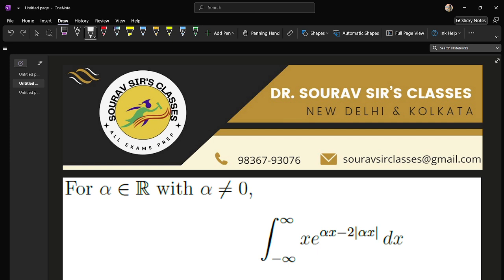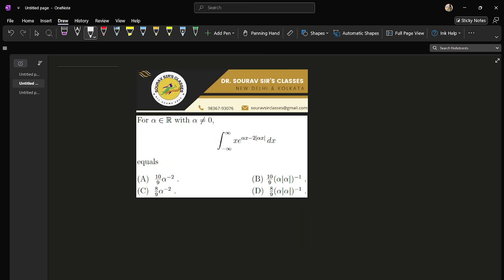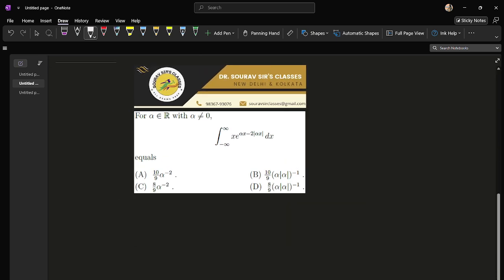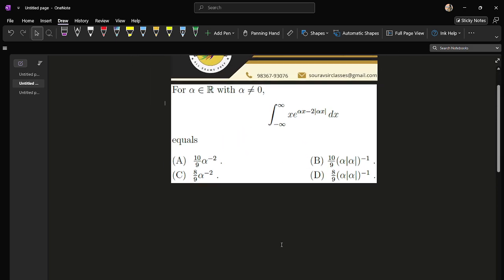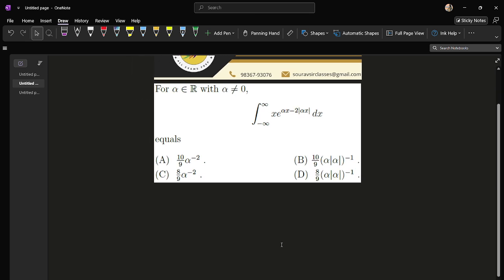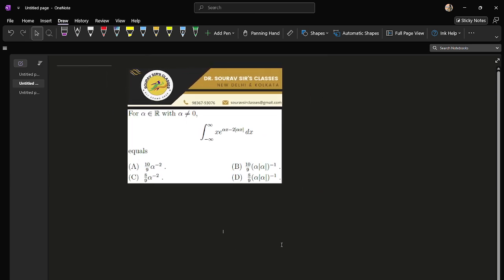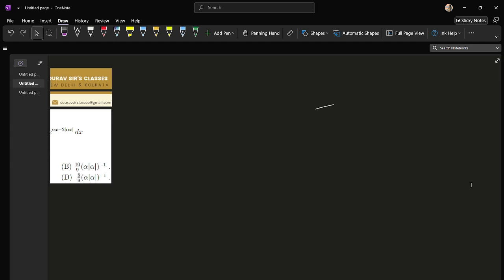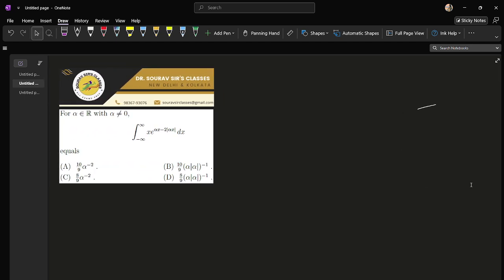Now we are going to solve a problem which appeared in the ISI MTech QROR MCQ section. The question says: if alpha belongs to R, that means alpha is a real number with alpha not equal to 0, then the integral from minus infinity to infinity of x e to the power alpha x minus 2 mod alpha x dx equals this.